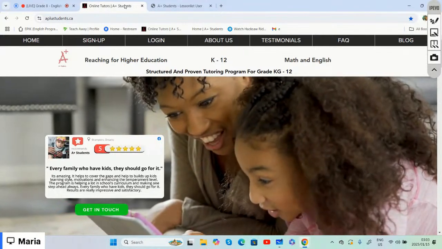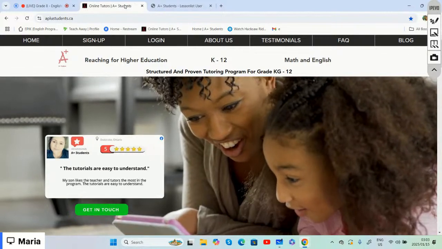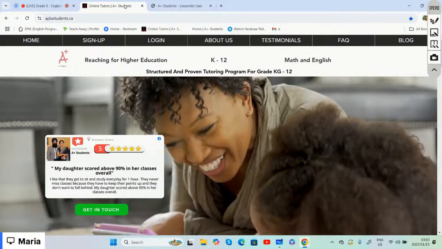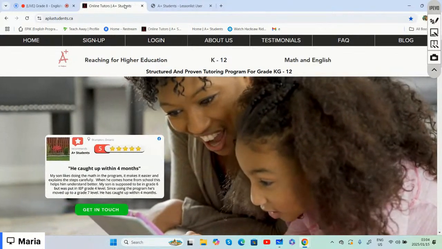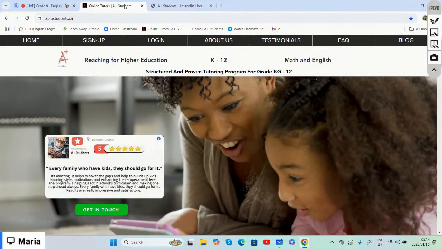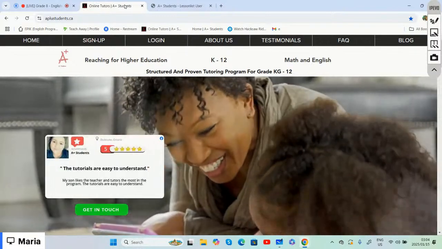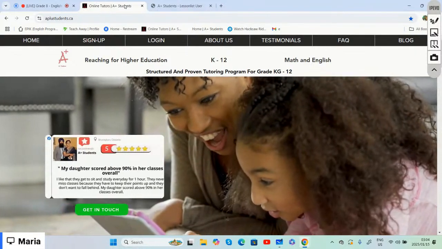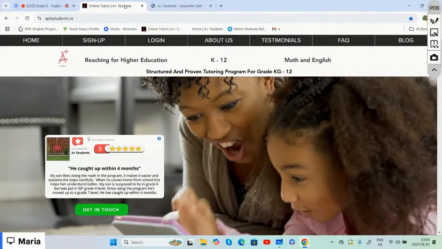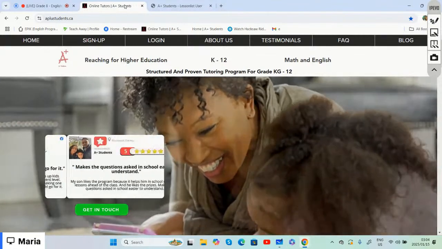Once you've logged on to aplusstudents.ca with our username as well as our password, we're going to select the subject of English language arts.